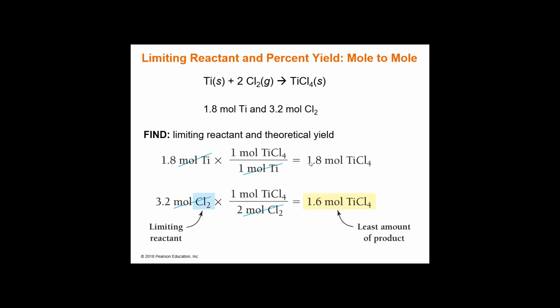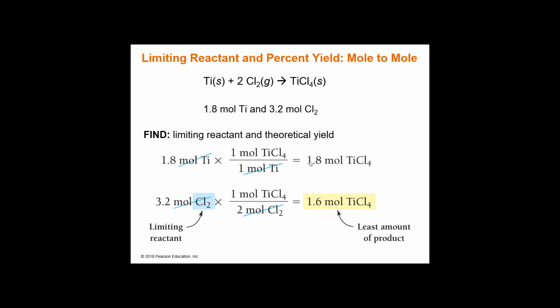So if we do the calculations, we see that with those values we end up with 1.8 of TiCl4 and we end up with 1.6 of TiCl4, and that's why I say it's deceiving, because we started out with more moles of chloride than we did of the Ti, and it still ends up being the limiting reactant. So you physically have to calculate these out.